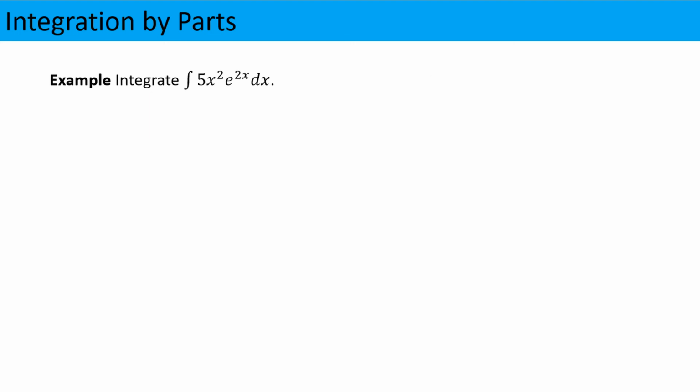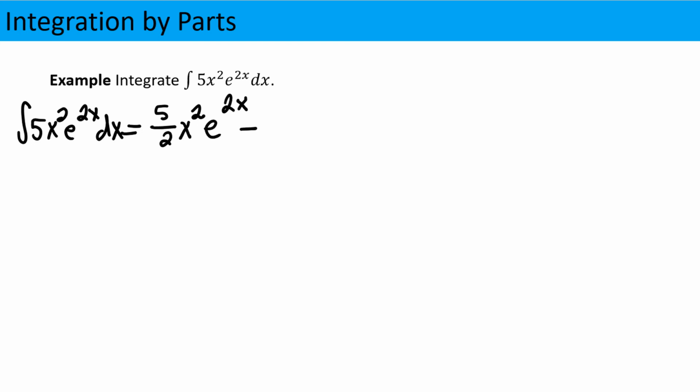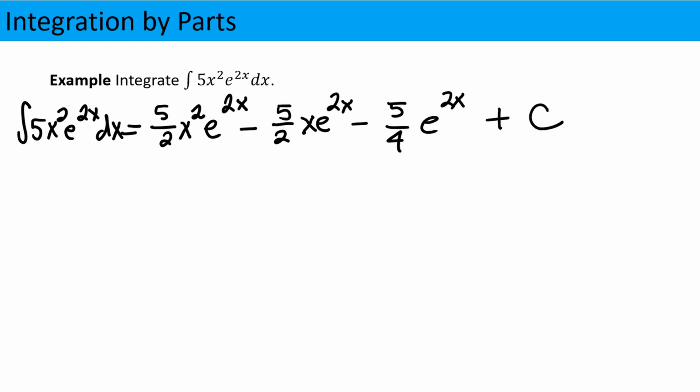And when we do, we solve for the integral 5x squared e to the 2x dx is equal to 5/2 x squared e to the 2x minus, now distributing that, 5/2 x e to the 2x minus 5/4 e to the 2x, and plus c, any arbitrary constant.